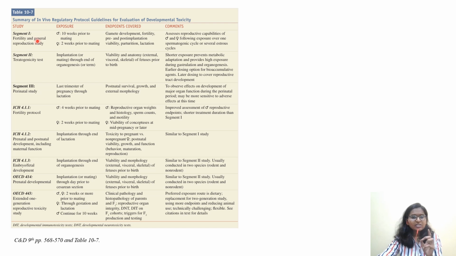Okay. Coming to segment 1 study, which is fertility and general reproduction study. Segment 2, for our question, segment 2 is important. Teratogenicity test, and exposure period is implantation or mating through end of organogenesis or term. And the endpoints which a study director checks are viability, anatomy, external, visceral, and skeletal examination of fetuses prior to birth.